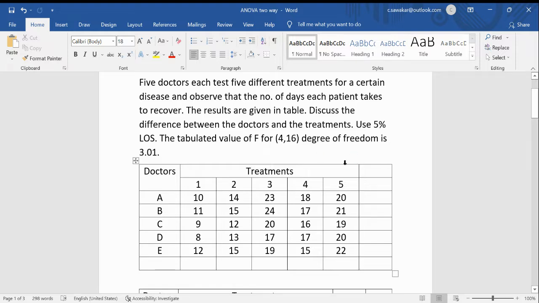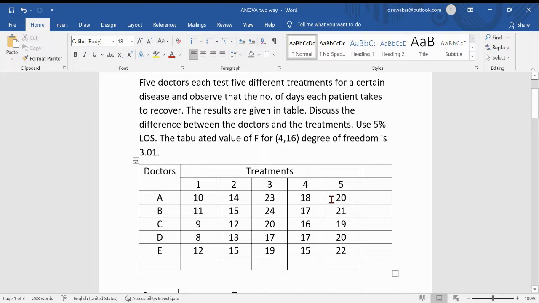If any one of these questions was asked with the same table, it would be a one-way ANOVA. Either the difference between the doctors has to be checked, or the difference between the treatments has to be checked.